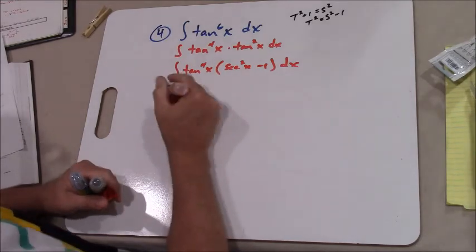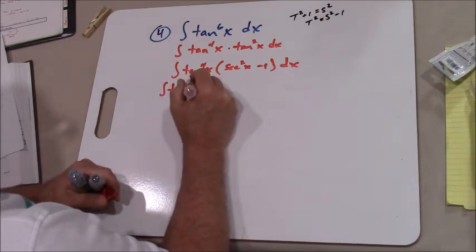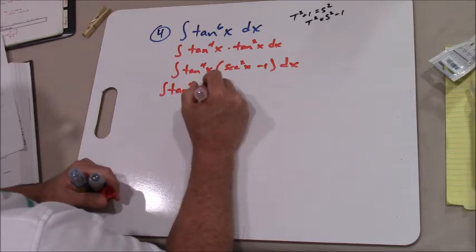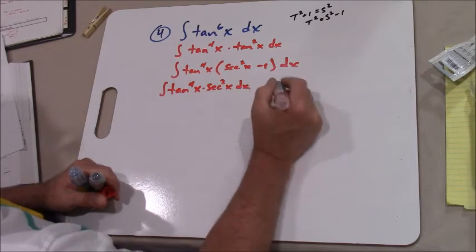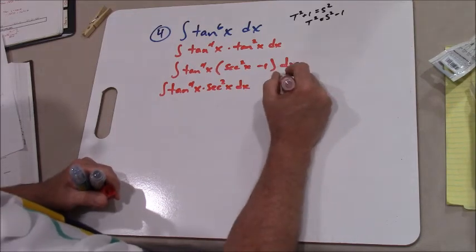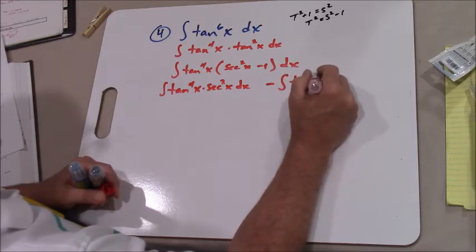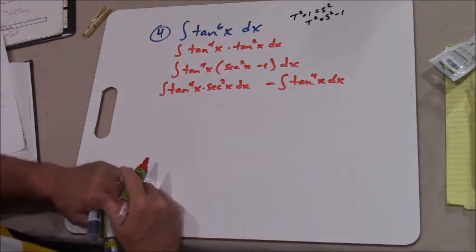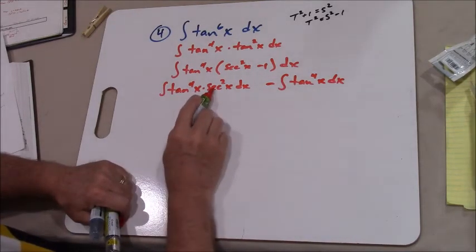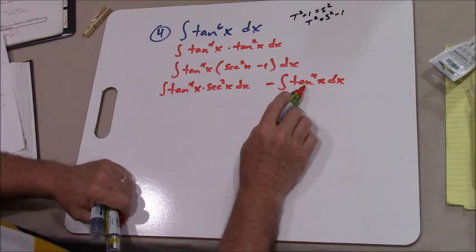And so if I distribute this, I've got the integral of a tangent to the 4th of x times a secant squared of x dx minus the integral of a tangent to the 4th of x dx. So the derivative of a tangent is a secant squared, so I do think I can do this integral. Not so sure about that one.